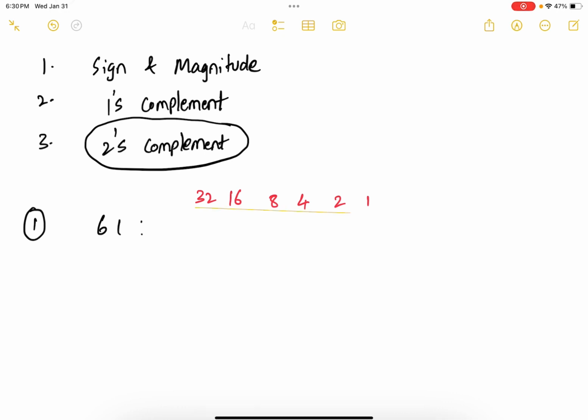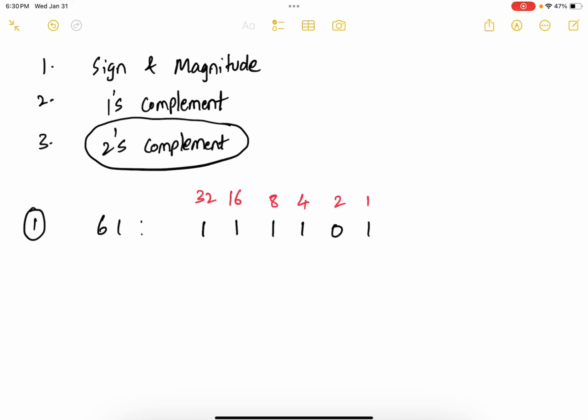So decimal 61 would be 32 plus 16, which is 48. 48 plus 8 is 56. 56 plus 4 is 60. I cannot really use a 2 because it goes past the number, so I use a 1 and it becomes 61.